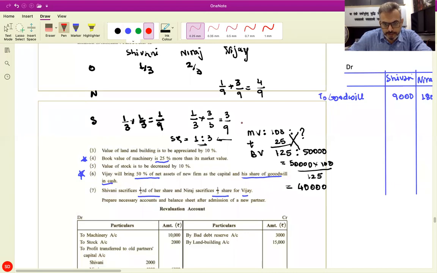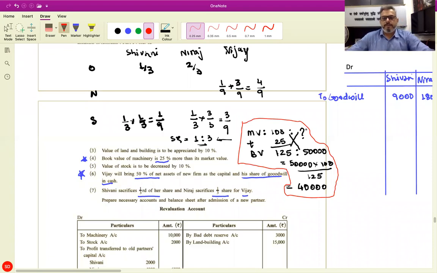Extremely important adjustment and the working. Please do this working. Extremely important.